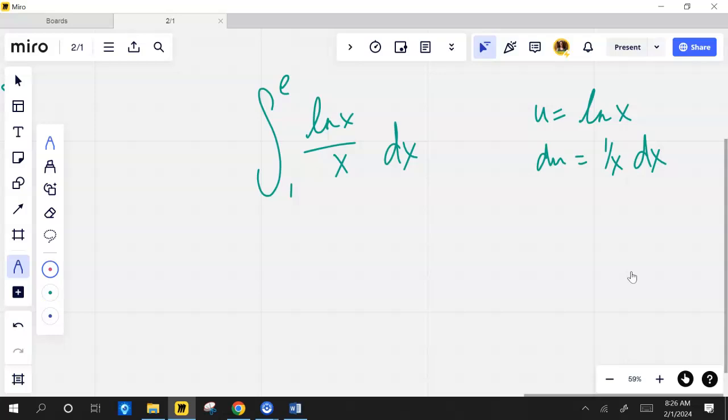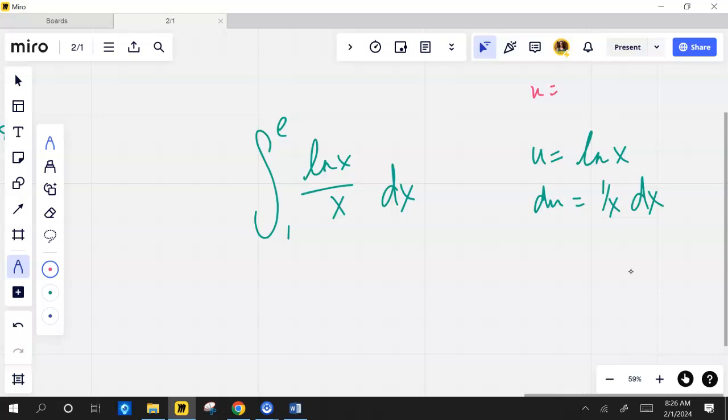Okay, so if you tried to make it x, if you said, okay, I'm going to let u be x, that means du is what? 1 dx. I still have this in my problem, so I know that that didn't work. Then you'd have ln u, and I can't take the antiderivative of that.